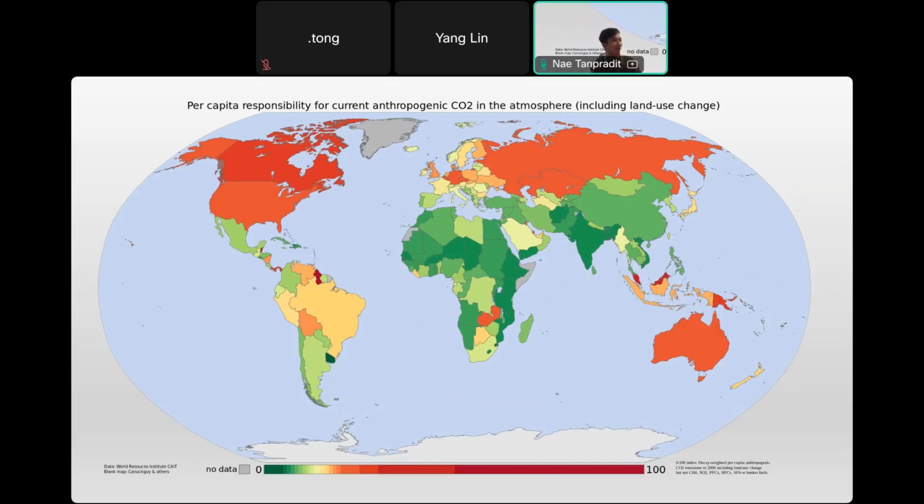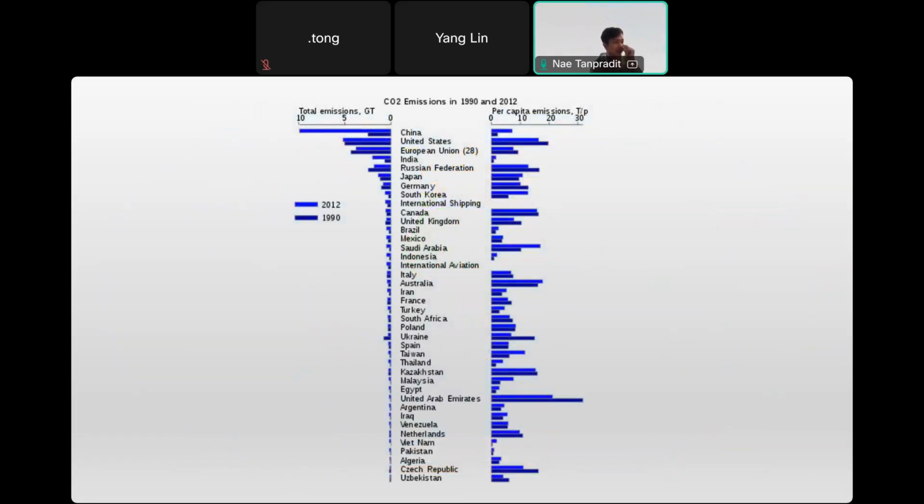Okay, this is a per capita responsibility for the CO2 generated in the atmosphere. You see that many of the developed countries generate CO2 more than the developing or underdeveloped countries, but this is per capita. So you see, China creates a lot of CO2 emission, but for the per capita, it's okay because in China there are many people in the population, right?